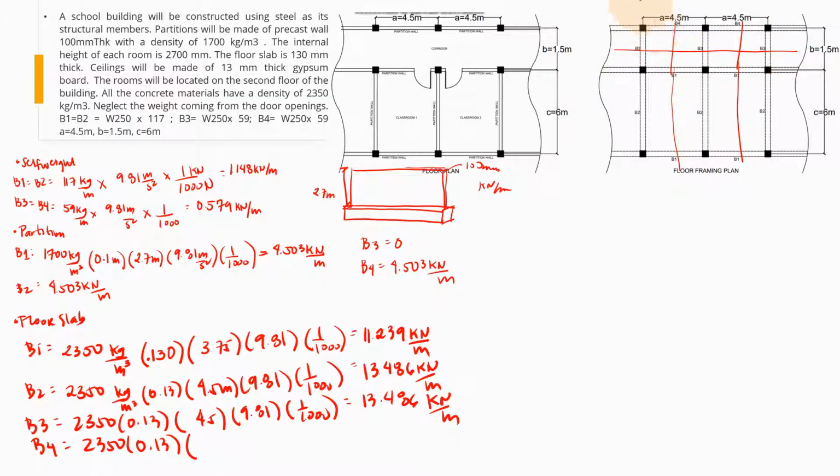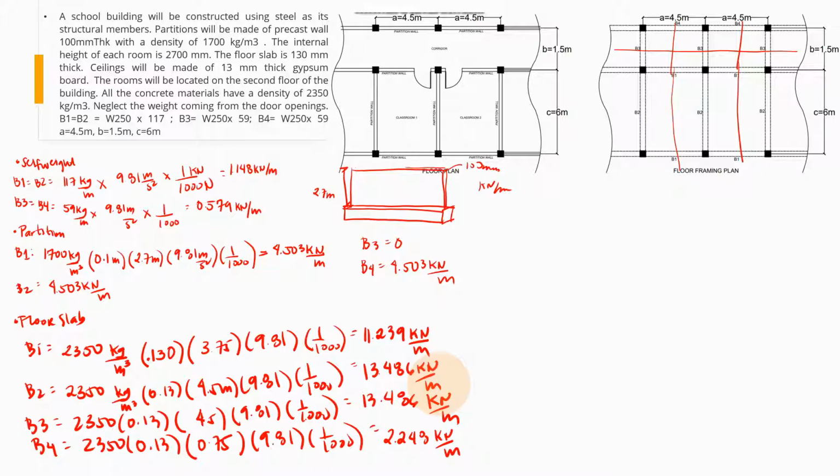Kasi wala nang tuloy dito sa part na to. So, we have 1.5 divided by 2. So, 0.75 multiplied by 9.81 and then divide natin by 1,000. So, it is equal to 2.248 kilonewton per meter. So, meron na tayong dead load coming from the floor slab.